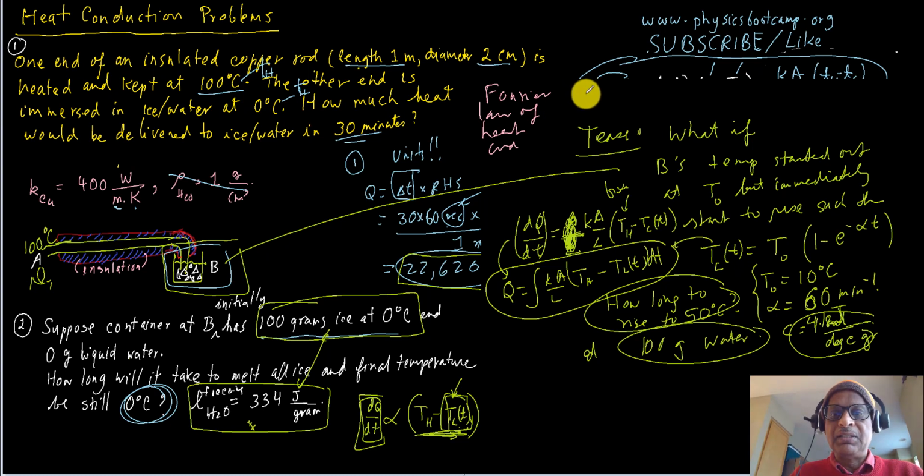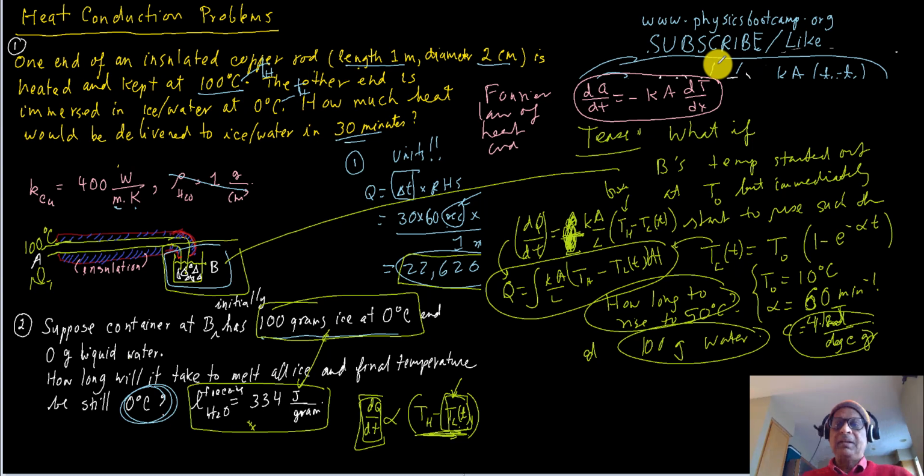This is just dQ/dt equals minus Ka dT/dx. Of course, it's one-dimensional because I'm just looking at one dimension, but that's probably sufficient for introductory problems.